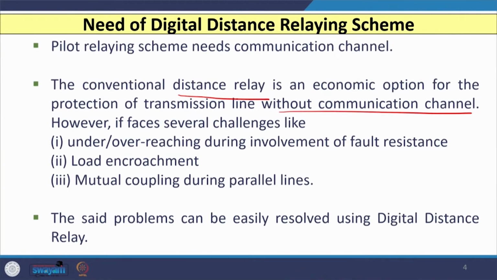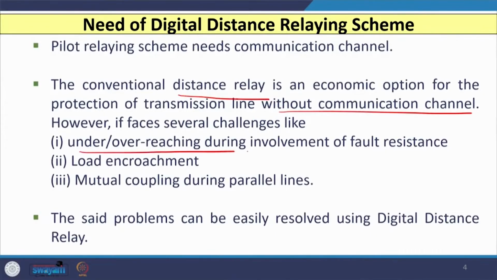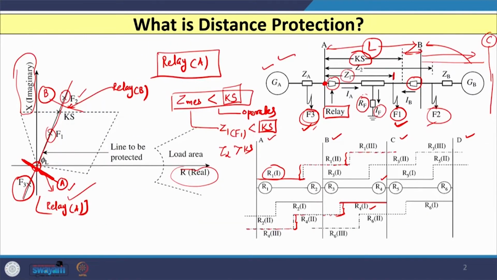However, if we use a distance relay for the protection of long extra high voltage and ultra high voltage transmission lines, then this relay faces several challenges, and these challenges may be under or overreaching during involvement of fault resistance. So, whenever a fault occurs, I can show here we have considered the fault resistance, that is RF.